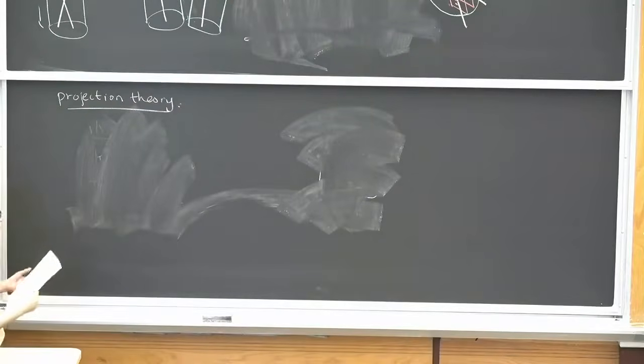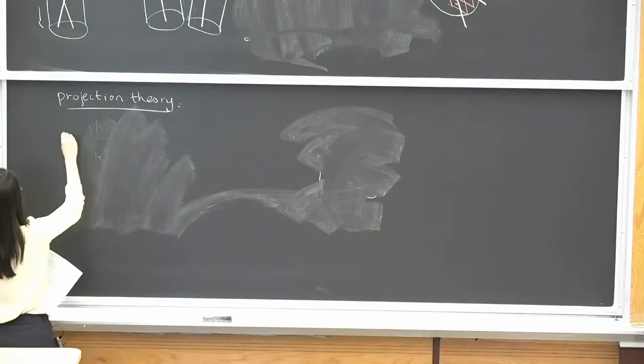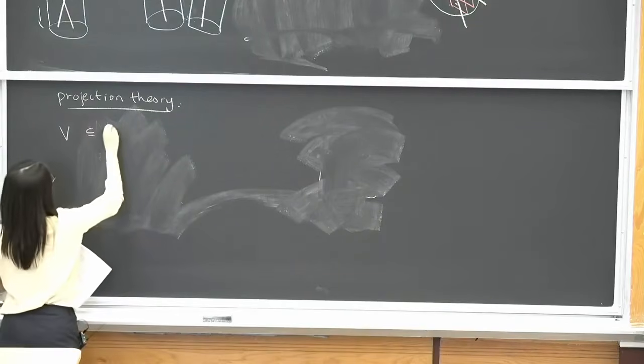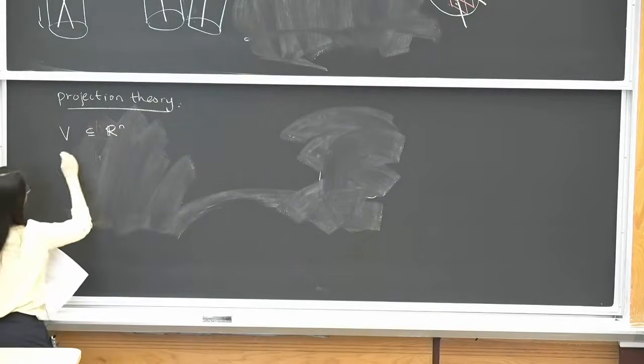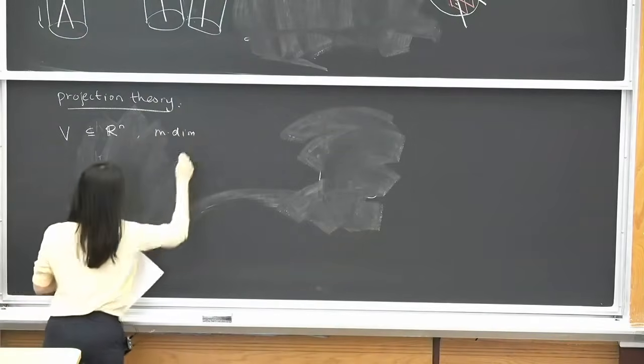So we'll put the study of the Kakeya set in a more general context. That's the projection theory. It studies, say, we have a subspace in Rn. Let's say V is an n-dimensional subspace.